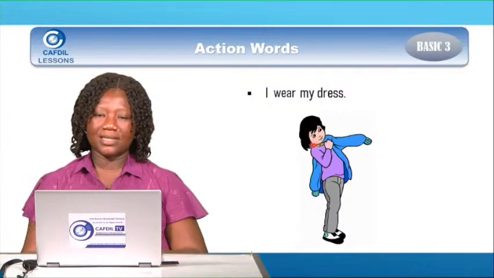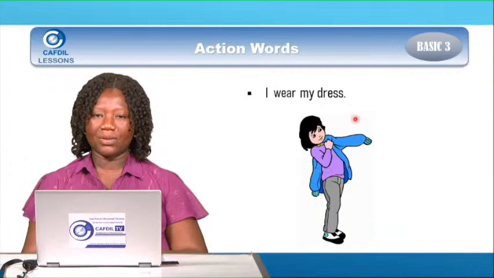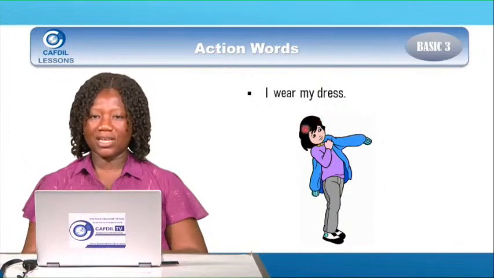What is this person doing in the picture? Good. He is trying to wear something. So let's describe the action in a simple sentence using I. So we can have, I wear my dress.